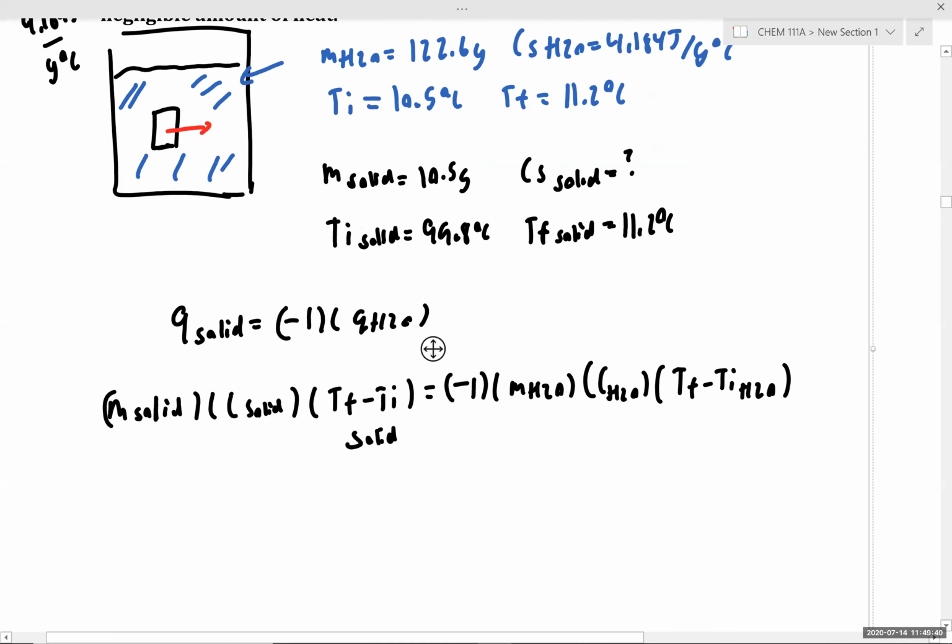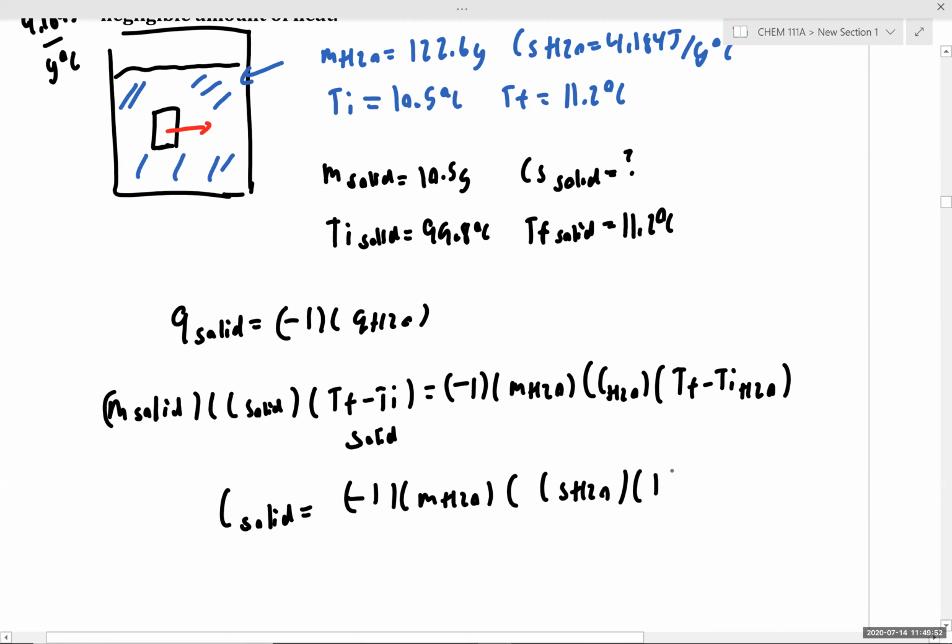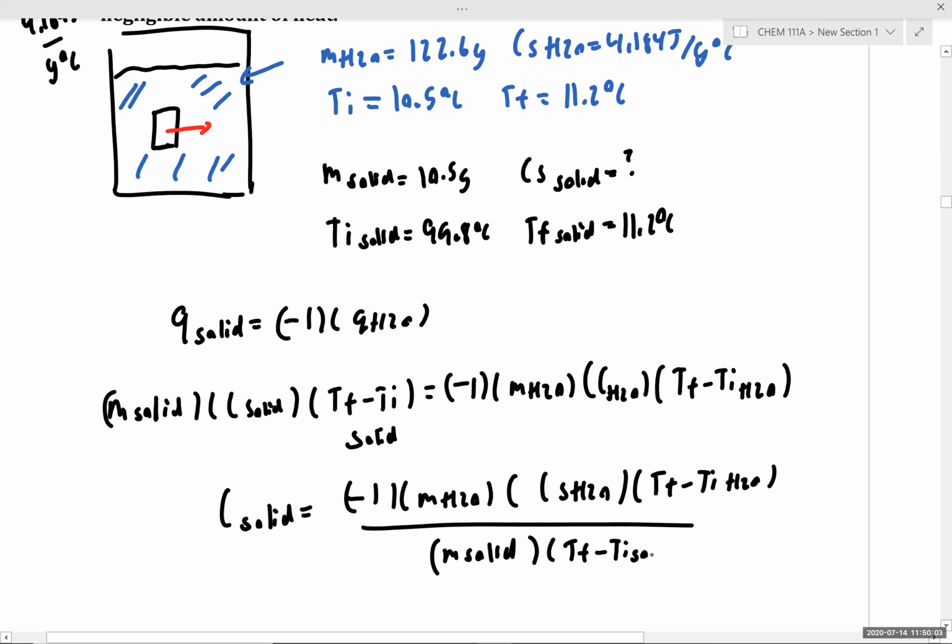Now solving this expression, the specific heat of our solid turns into -1 times the mass of water times the specific heat of water times T final minus T initial of water, over the mass of solid times T final minus T initial of solid.